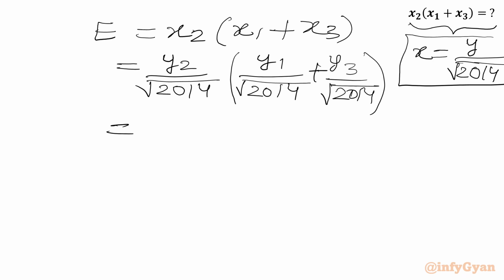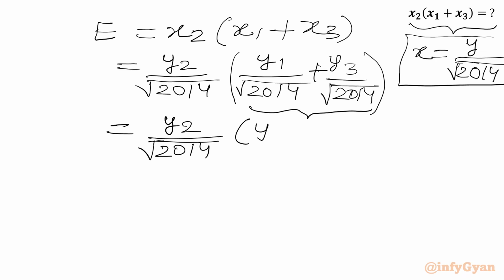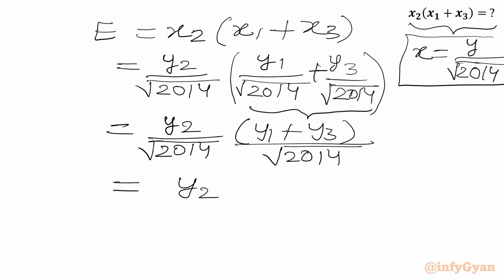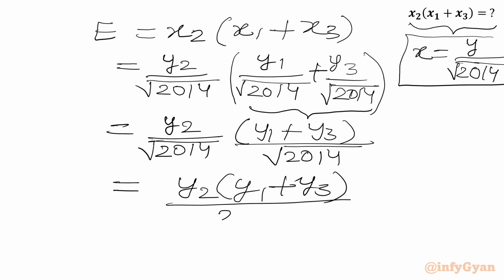Now we have a common denominator, square root 2014, which we will take common out. So we can write y2 over square root 2014 in numerator, y1 plus y3 in denominator square root 2014, which will be equal to y2 times y1 plus y3 over square root 2014 times square root 2014. So we can write 2014 only.